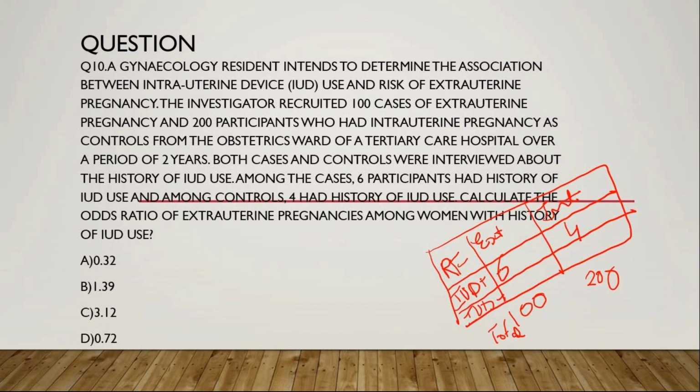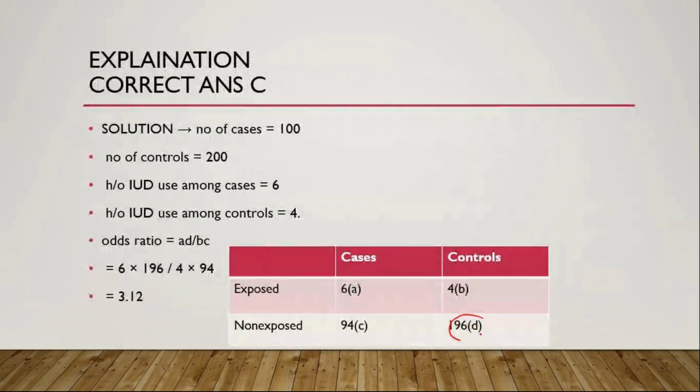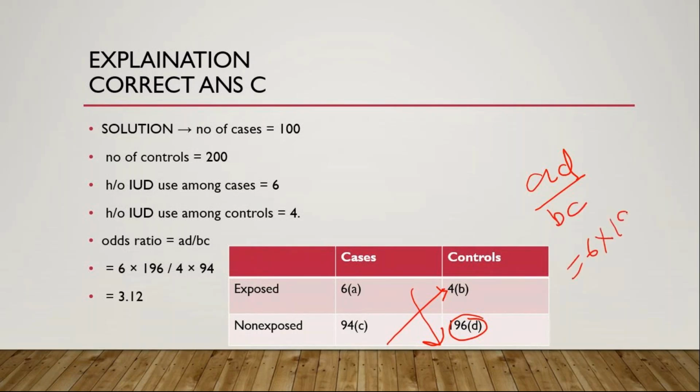So 100 minus 6 will be 94, and 200 minus 4 is 196. So it is AD upon BC. Make a crisscross like this, AD upon BC. So it is 6 into 196 upon 4 into 94, that is equal to 3.12.